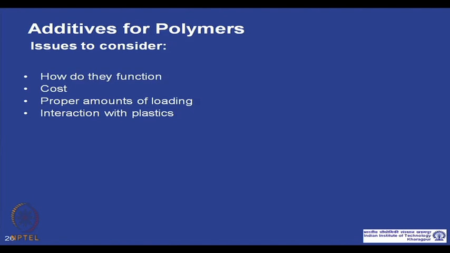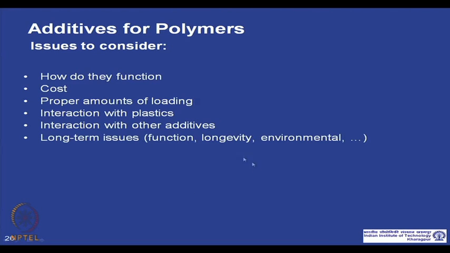How do they interact with plastics, and interaction with other additives, as we said, when multiple additives are used at the same time. So, interaction with other additives is also important, and long term issues like how they function, their long term longevity and their effect in the environment should be considered.